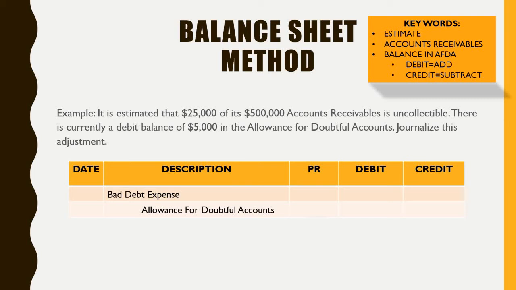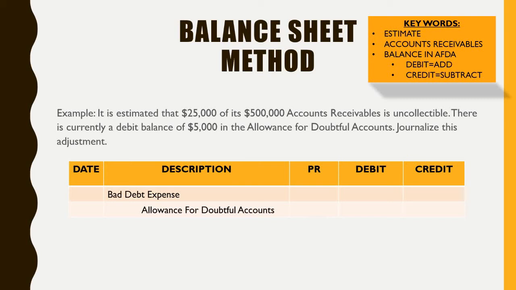So in this case, we currently have a debit balance in the allowance for doubtful accounts, meaning we have indicated that someone has a potential amount of money that they owe us. So what we're going to do is, with the estimated amount, that's going to be your total credit balance in the allowance for doubtful accounts.